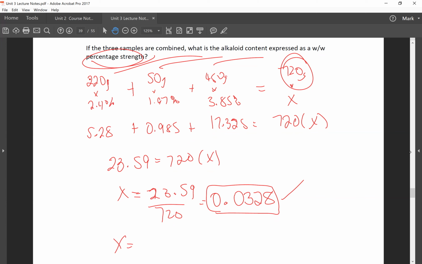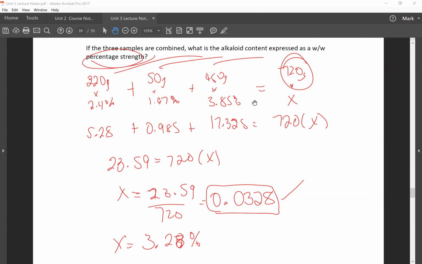So what I end up getting is 3.28%, sorry. I was looking at my calculator, not on my screen. So a lot of you guys said decimal 0.0328. That's fine, but this would be 3.28%. Perfect. Thank you, Reem. Excellent.